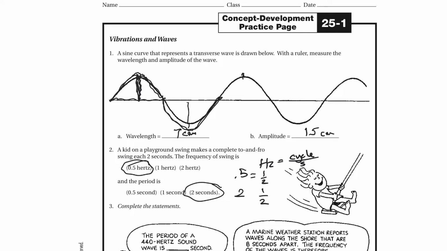These are called inverses to 1/2. 1/2 is 1 divided by 2, and the inverse is 2 divided by 1. So the period is the inverse. Period, capital T, is the inverse of the frequency. The frequency is in hertz, and the period is in seconds.